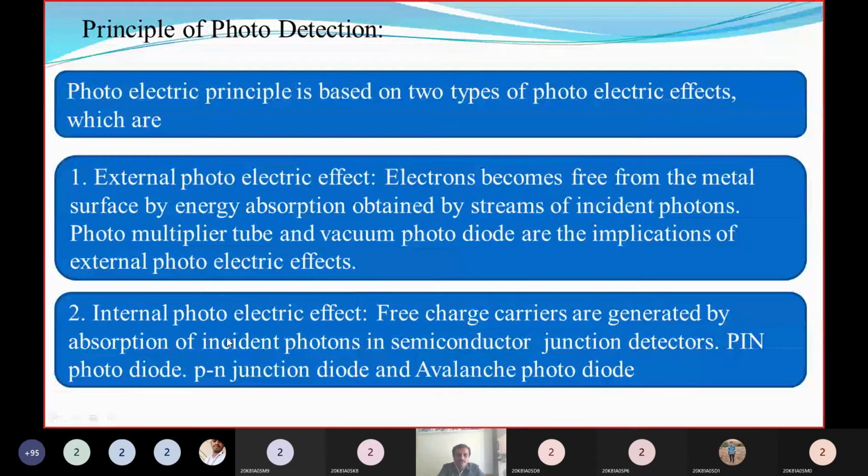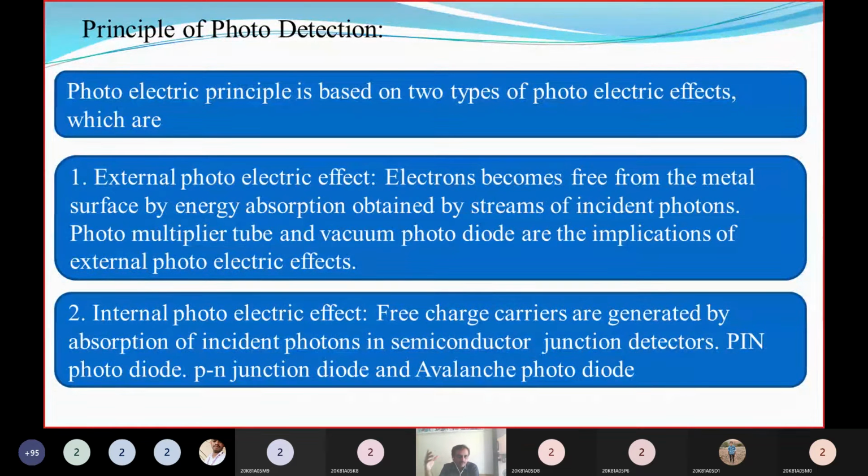Okay, now the next one is the internal photoelectric effect. In this, free charge carriers are generated by absorption of incident photons in semiconductor junction devices.